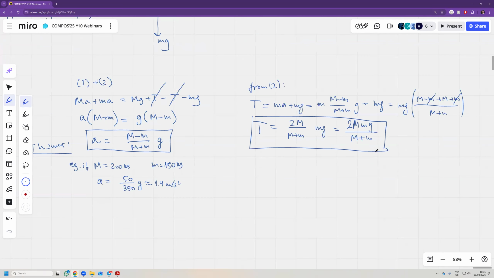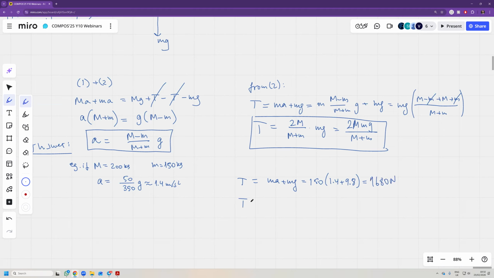For the same example, T is ma plus mg, which is 150 times (1.4 plus 9.8), which is 1,680 newtons.